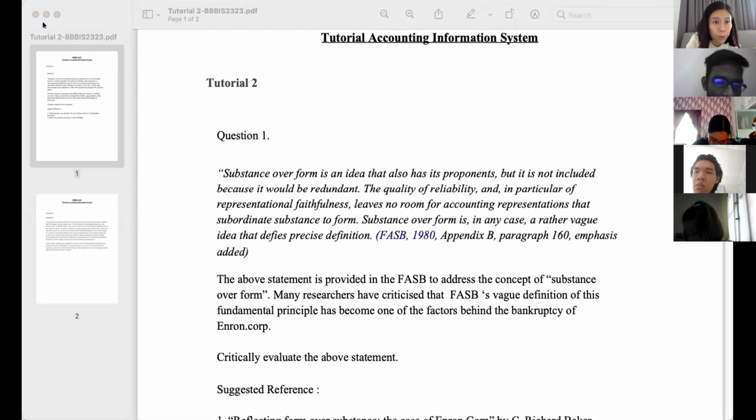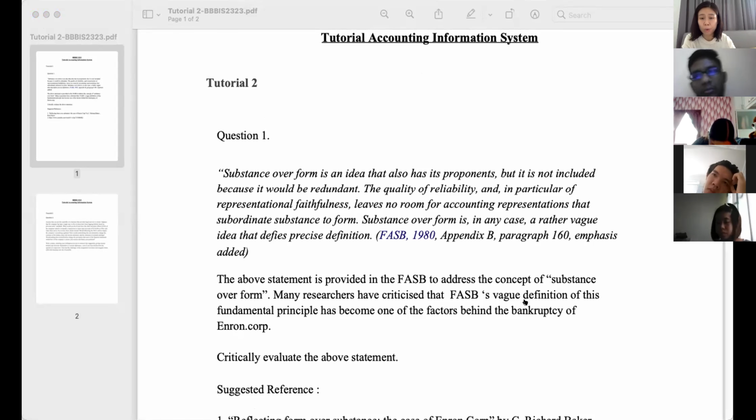So you divide your job among your group members, because I see it will be a quite lengthy answer. So you can divide the job among yourselves: who is going to be responsible for looking at the mark to market, and the other can look for the background or the SPV.